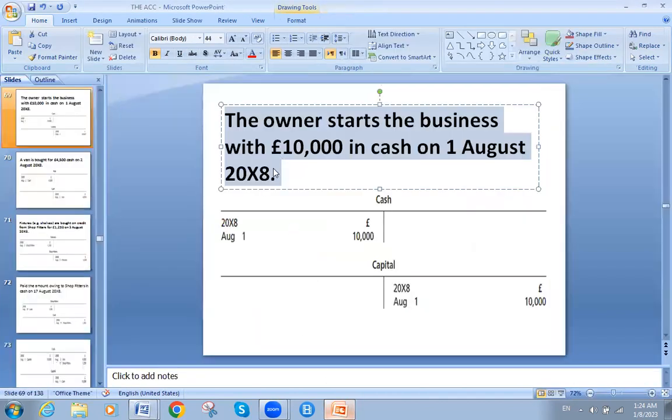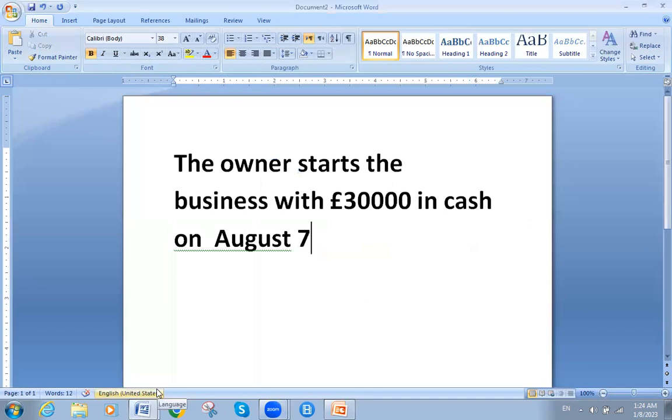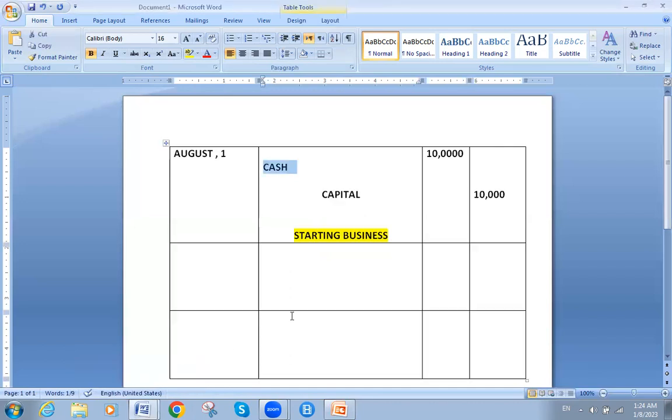You will do it exactly like what's in front of you in this one. I'm just giving you a chance to do it. The same idea from cash to capital, but with 30,000.